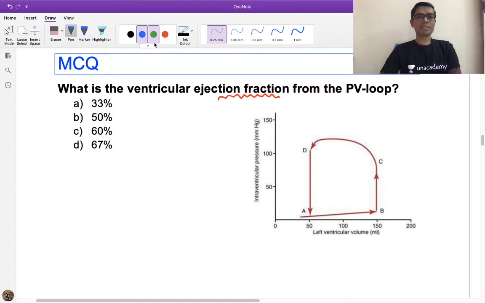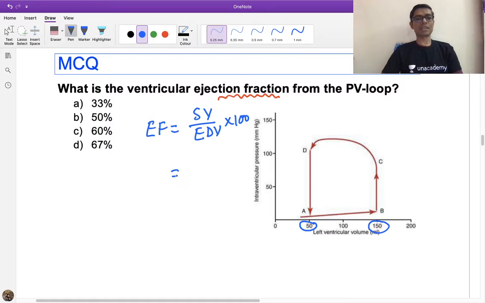So ejection fraction, we know this is equal to stroke volume upon end diastolic volume multiplied by 100, because it is taken as a percentage.